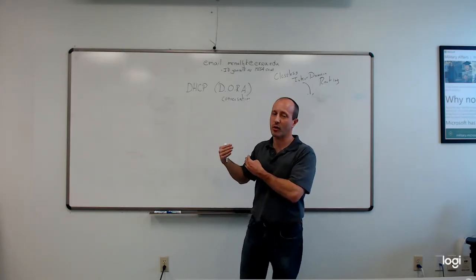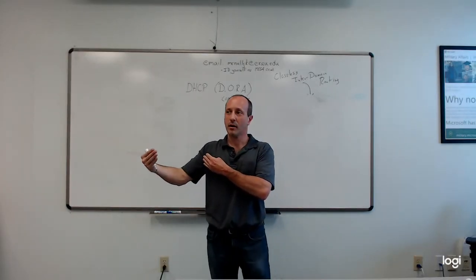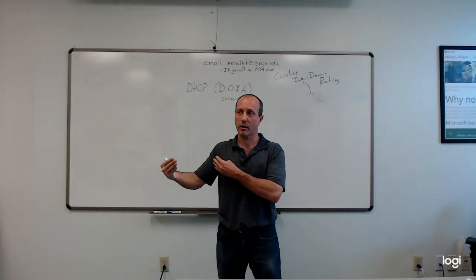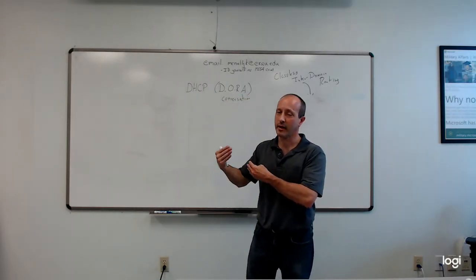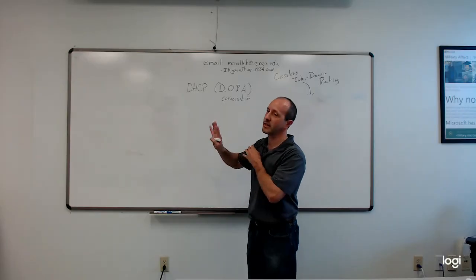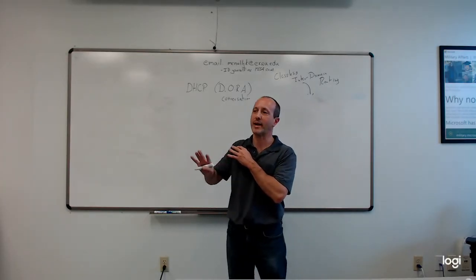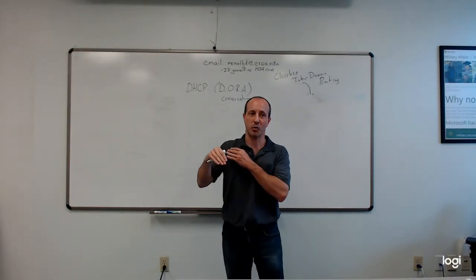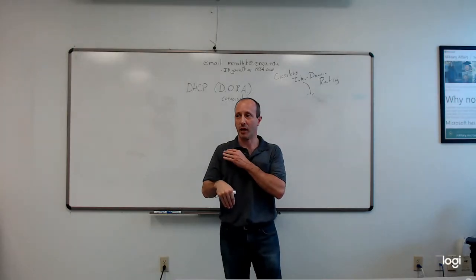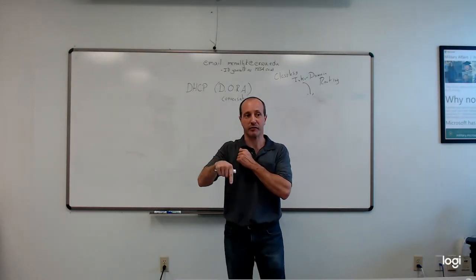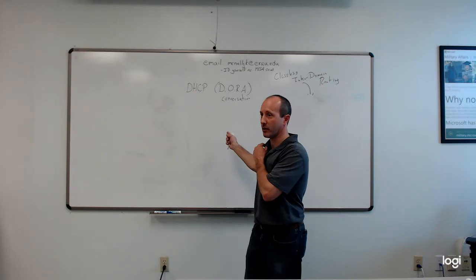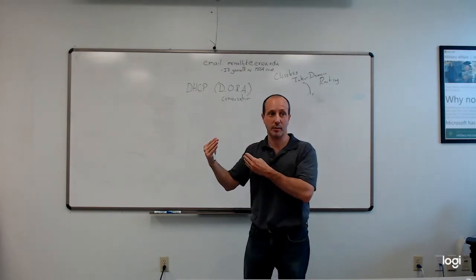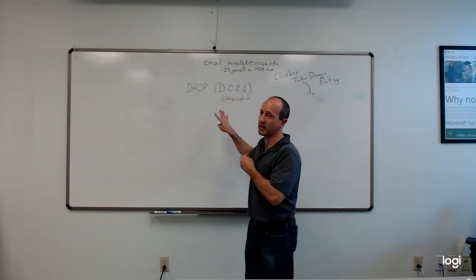There's actually what we call the discover, the offer, the request, and the acceptance. 4 basic steps. There are other steps, but there are 4 basic steps that when you plug a machine into the network and you configure for DHCP, that means it's looking for the DHCP server. It's going to go through this process.